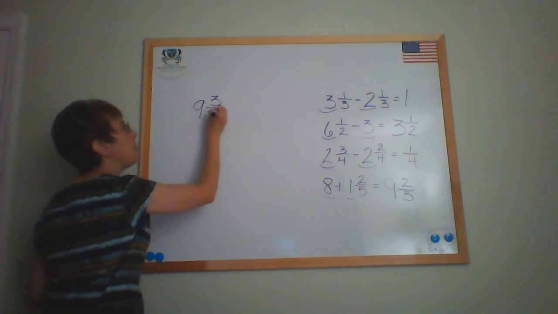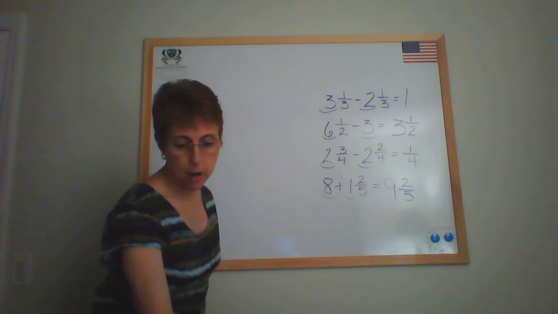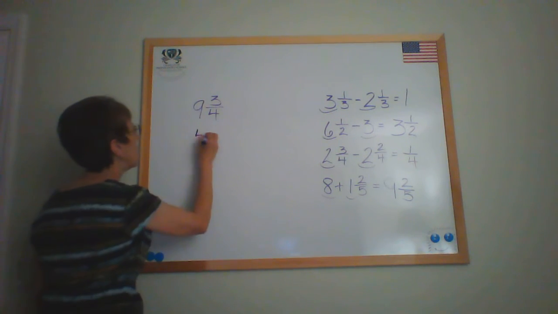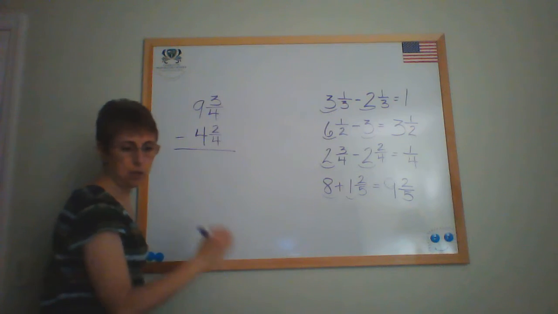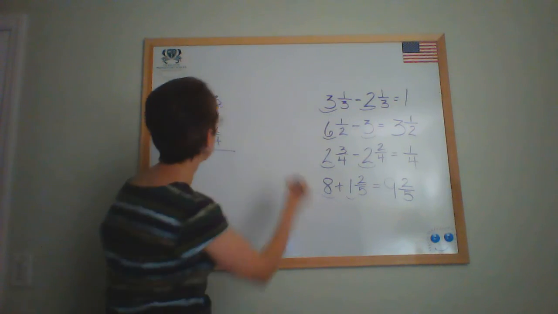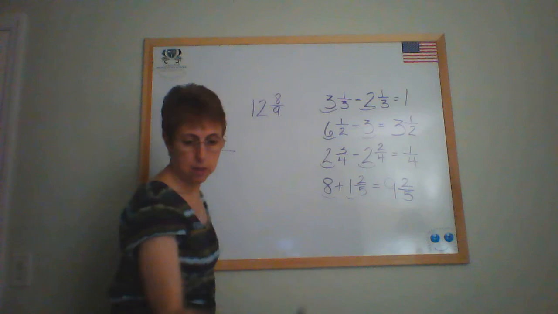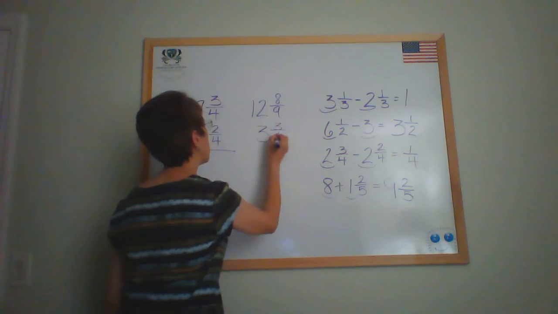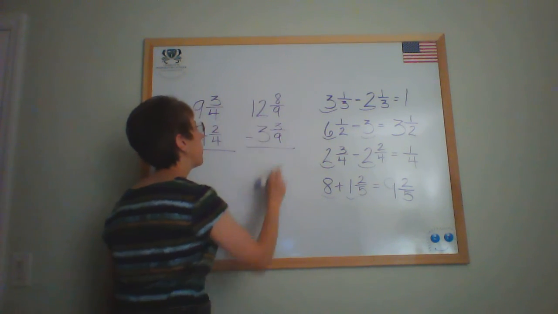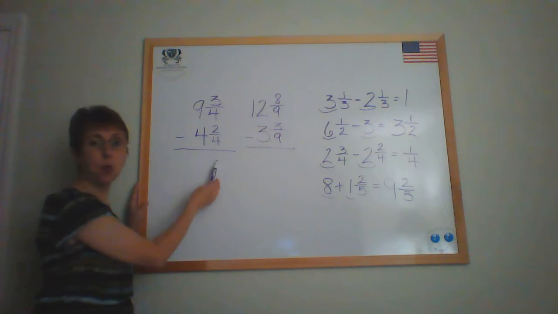And these problems were all taken from the examples and the practice. Okay, and then let's do this one. 12 8/9 minus 3 3/9. So here we have 9 3/4 minus 4 2/4.